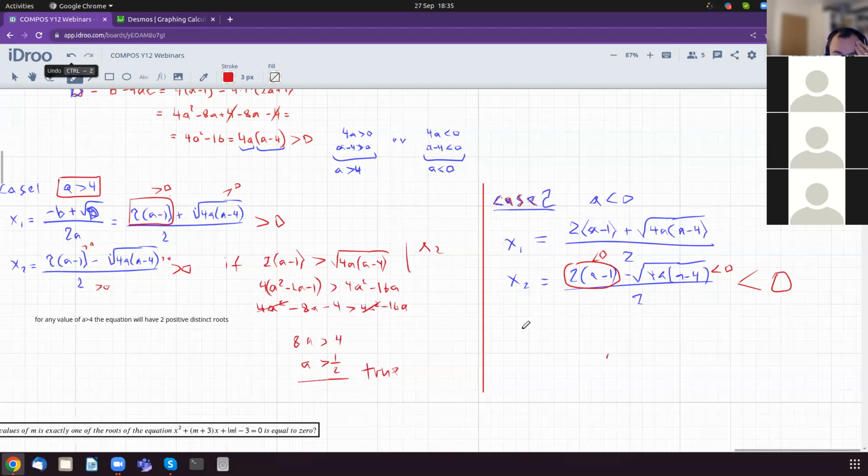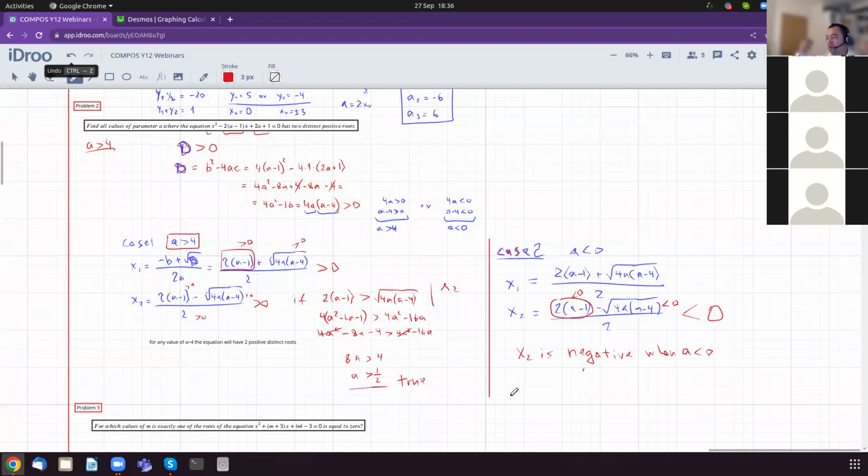So x2 is negative when a is less than 0. So it doesn't fit. We need two positive distinct roots, and therefore none of the values of a less than 0 suit us.